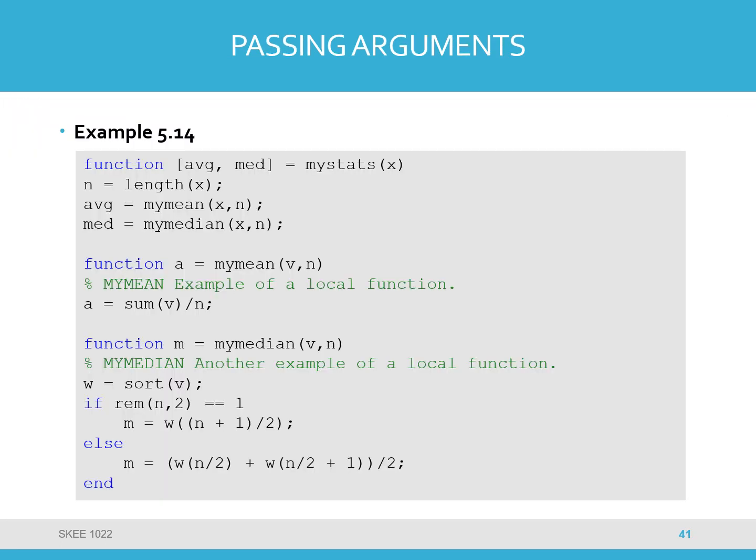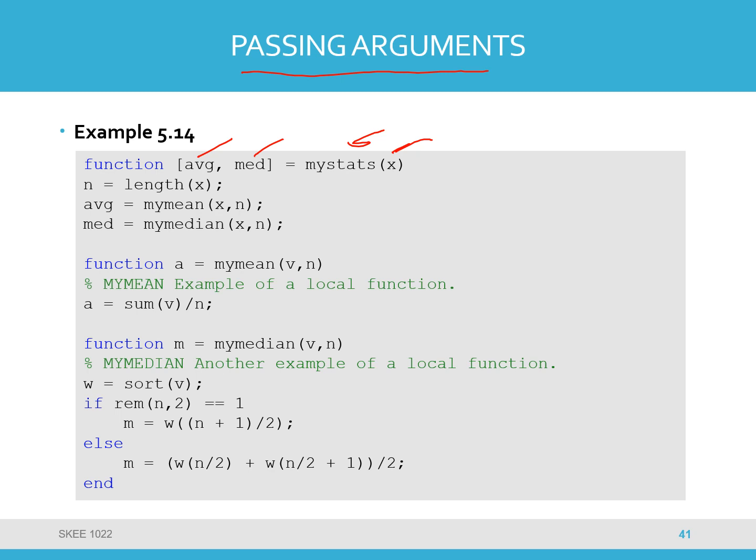Okay, so next is the passing argument. So what is passing argument? You can see here you have a function with average and median, and the name of the function is mystat, and the input is x.